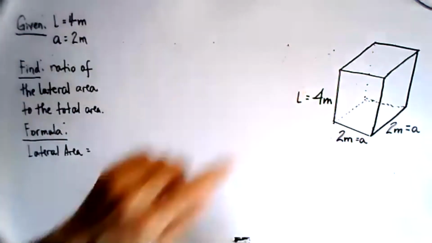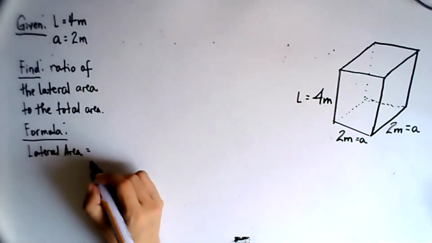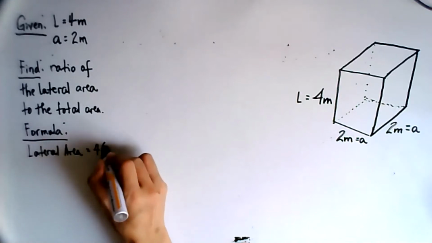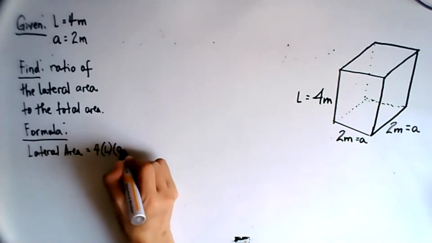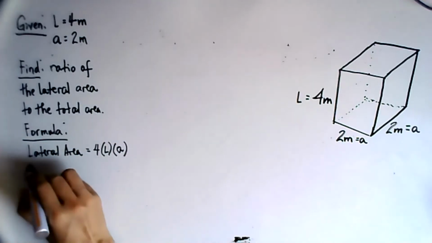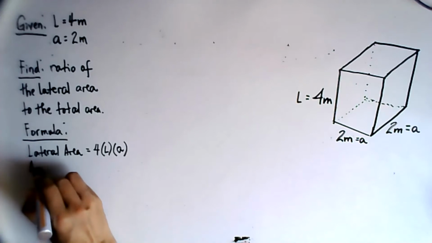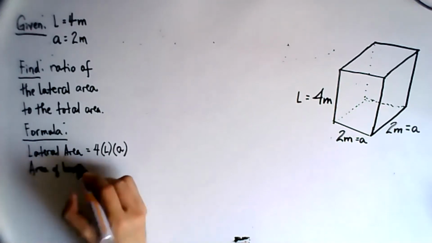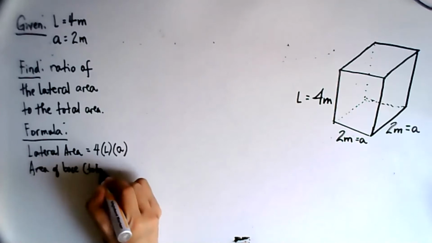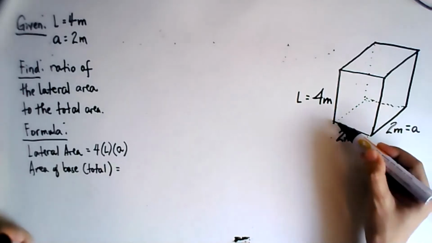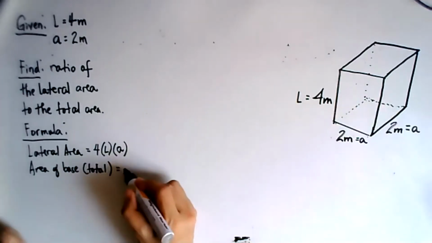So the total lateral area will be 4 times L times A. Okay? Then for area of base, this is total area of base, that would be equal to A times A.